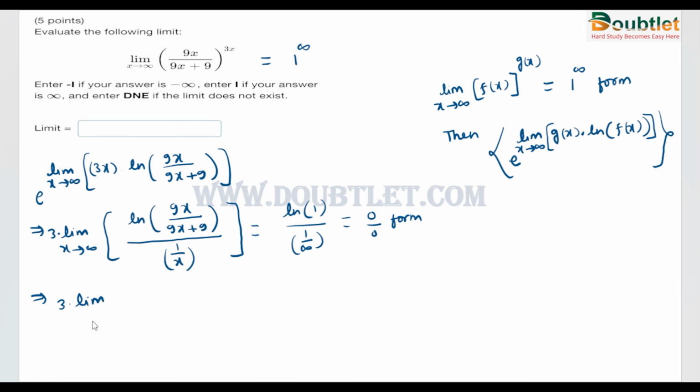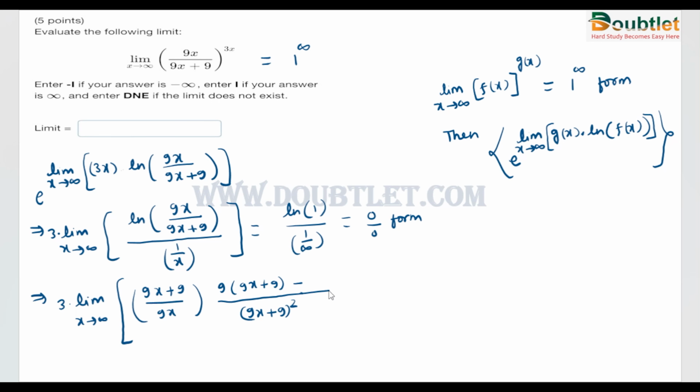So limit extending to infinite, ln x will become 1 upon x. So 9x plus 9 will be in the numerator and 9x will be in the denominator. If we differentiate this again, it will become (9x plus 9) whole square, so it will become 9 multiplied by (9x plus 9) minus 9 into 9x.